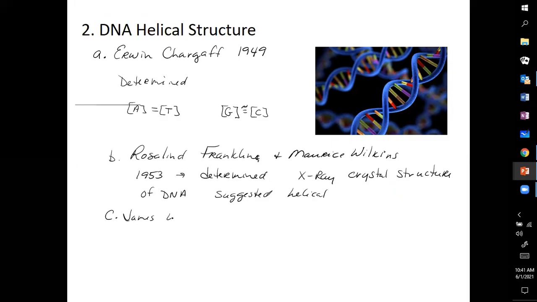James Watson and Francis Crick, in 1953, used Chargaff's reproducible ratios and Franklin's helical structure suggestion to propose a model of the DNA alpha helix.